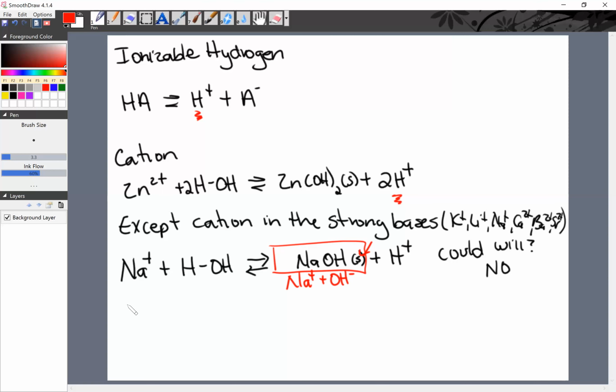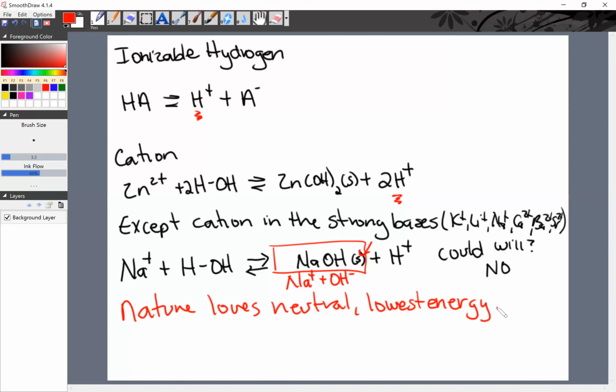So let's remember our rule. Nature loves neutral, and the lowest energy, and we get to add one thing in there, and the weakest acid. All right, so let's take a look at this should have happened in the first place.